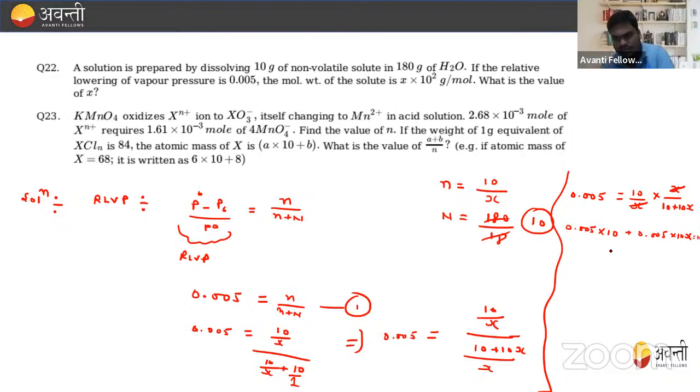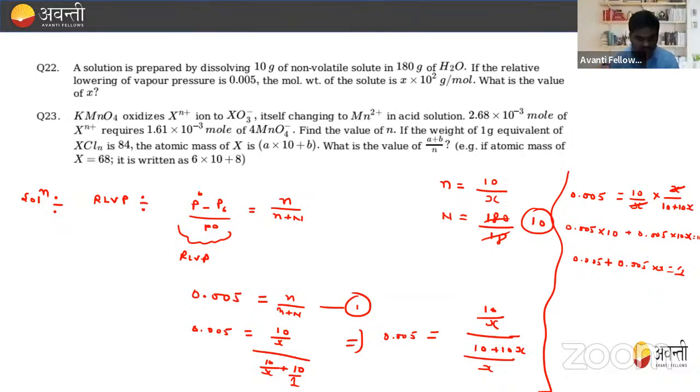So on solving, if you take 10 common here, you'll get 0.005 plus 0.005 x is equal to 1. So you can calculate x from it, right?